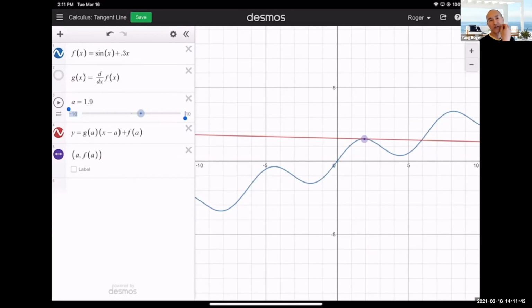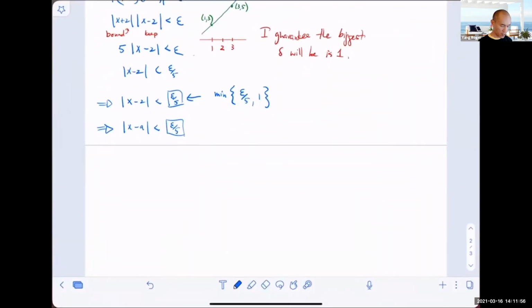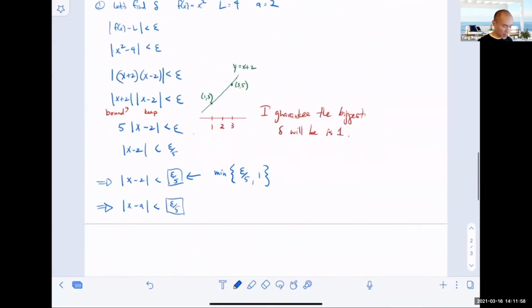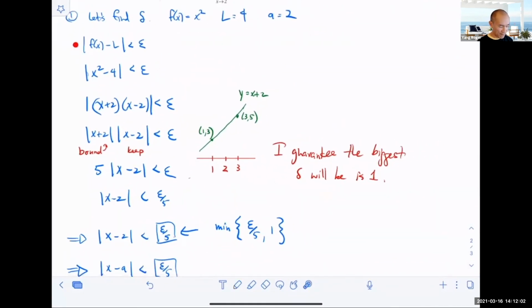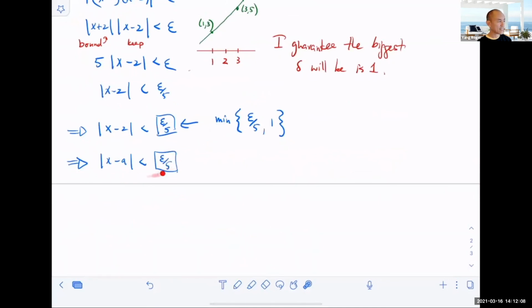For the proving question, how did you know which of the factors to keep and which one to bound? That's a great question. Do you remember when I started talking about this? I started off starting with the f of x minus L. And then at some point, I just jumped down here like this.